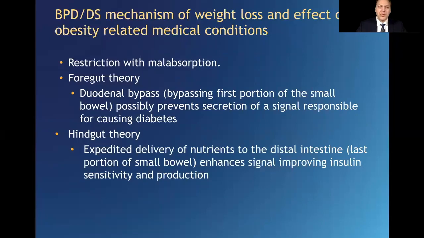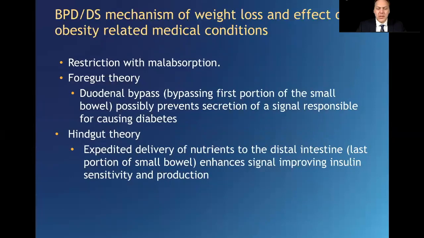The mechanism for resolving diabetes and other metabolic problems, such as high cholesterol and hypertension, is a little bit more complex. There are two main theories of how these metabolic problems are resolved: the foregut theory and the hindgut theory.